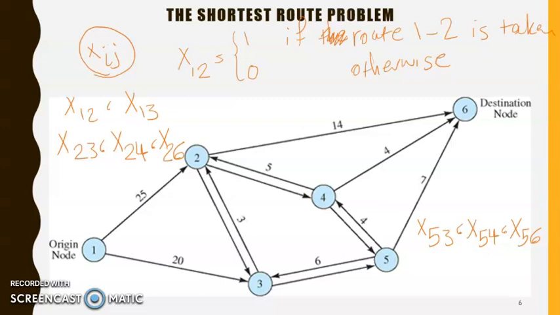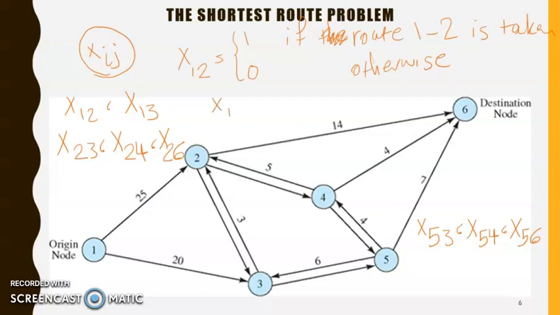Okay, for node 2, since it is a transshipment node, the input flow, or the inflow, must equal the outflow, like any other transshipment constraint that we have had so far. So let's start with the inflow ones.